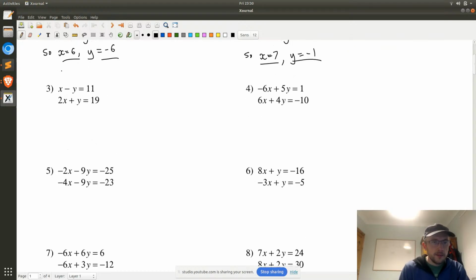And here, well, you should add. So 3x is 30, so x is 10. 10 take y is 11, so y is -1. And add.